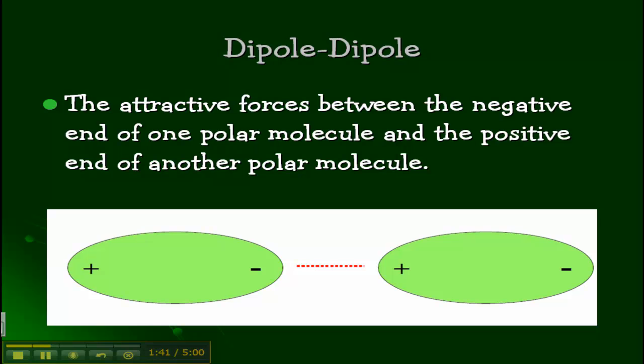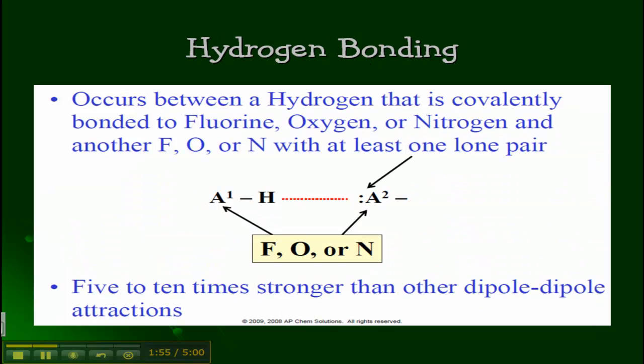Dipole-dipole is one type of intermolecular force. This is where the negative end of one polar molecule and the positive end of another polar molecule are attracted to each other. Hydrogen bonding occurs between a hydrogen that's covalently bonded to either fluorine, oxygen, or nitrogen, and another fluorine, oxygen, or nitrogen with at least one lone pair.